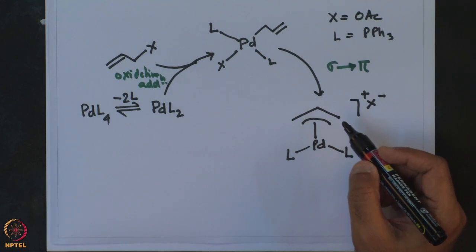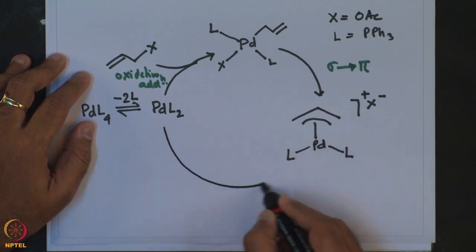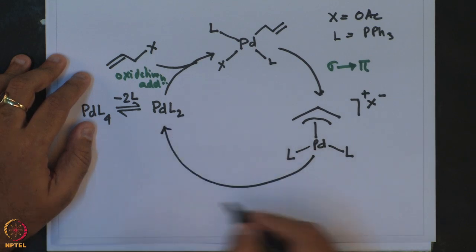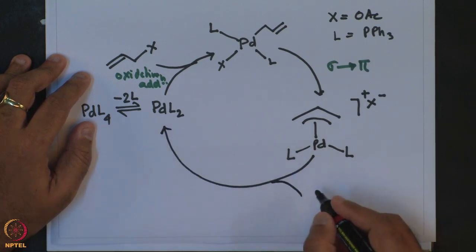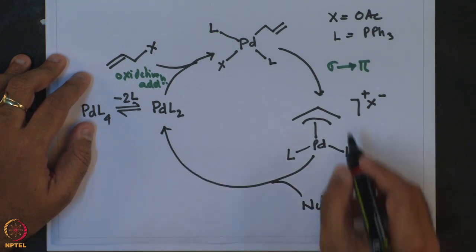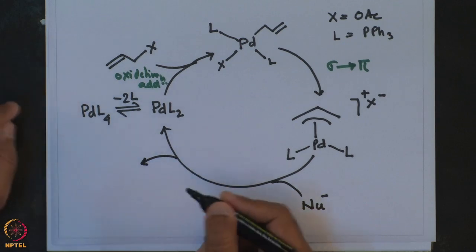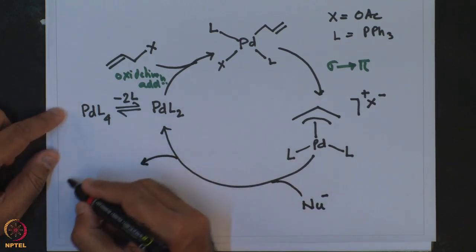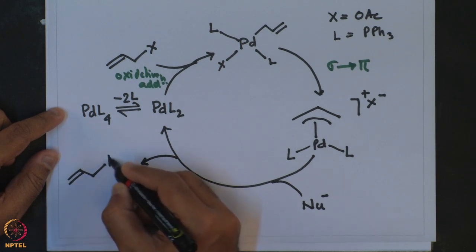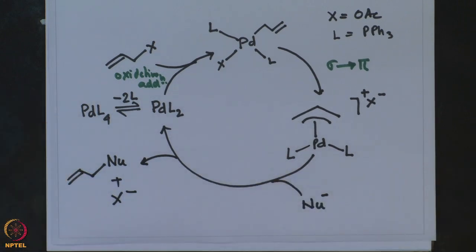The step 3 then involves addition of nucleophile which goes and attacks with the generation of the substituted product plus X minus along with regeneration of L2, which then enters the catalytic cycle.